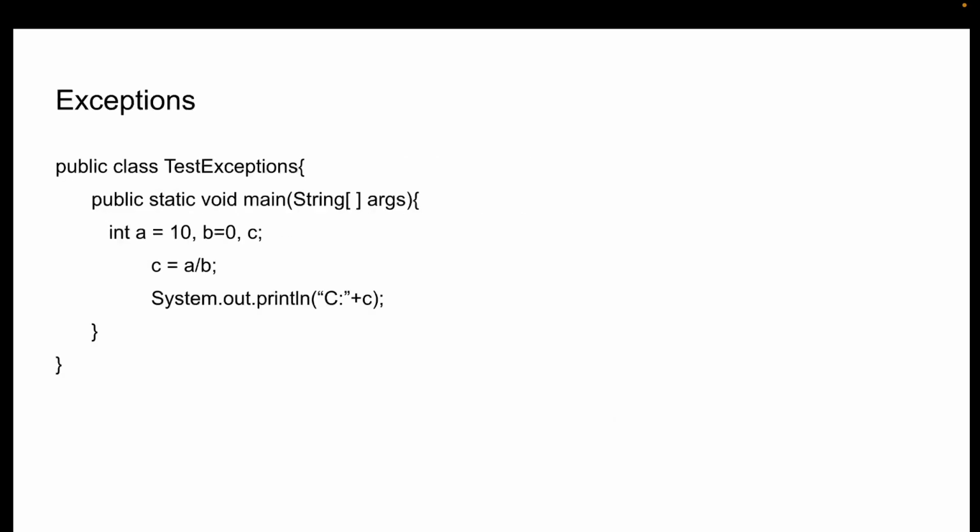See this example. This is a very simple example. We have three variables: a is equal to 10, b is equal to 0, and c. So what happens when you do c is equal to a by b? Basically it is 10 upon 0. When you do 10 upon 0, division by 0 is not possible, right? So what will happen if you do not handle this exception? You will only get this exception when you run this program.